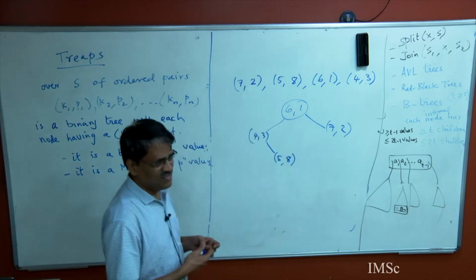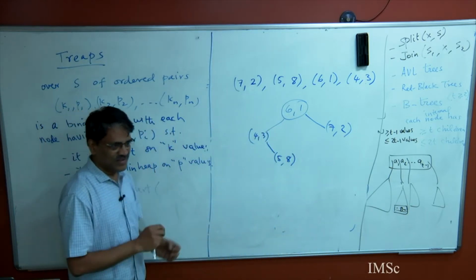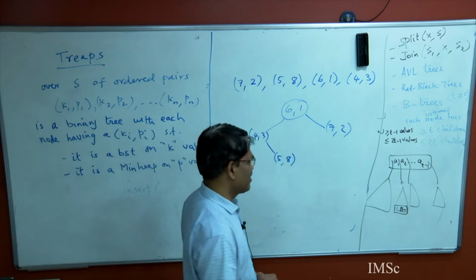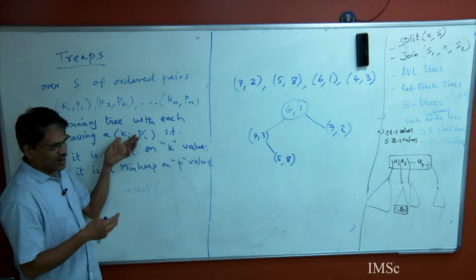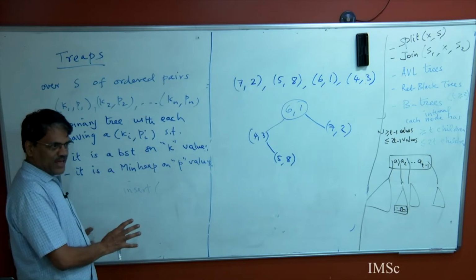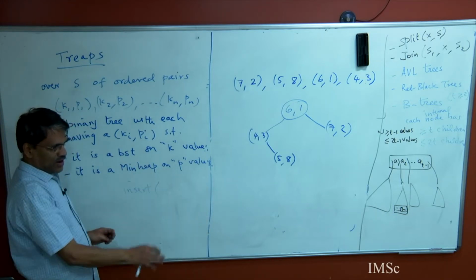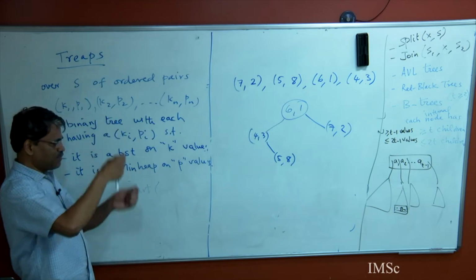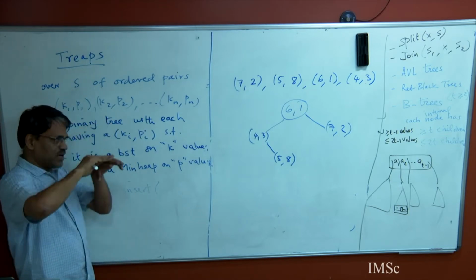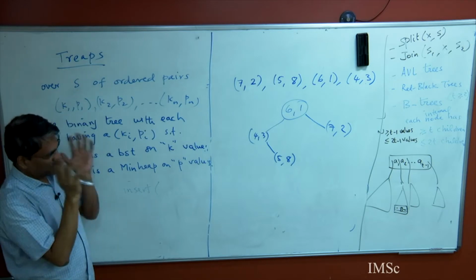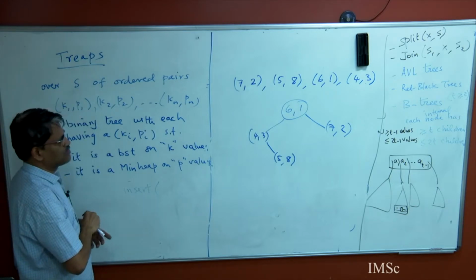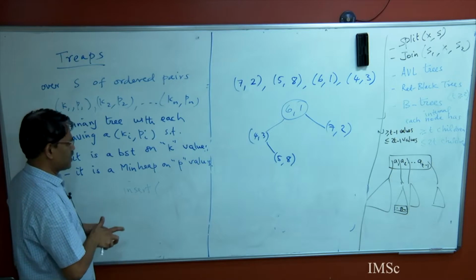Yes, you can, because the binary search tree property allows anything less than or equal to the key on the left and anything on the right greater than or equal to. Similarly, the heap also tells you that the child should be greater than or equal to the parent. So it allows it, but we can keep them simple and have them different.